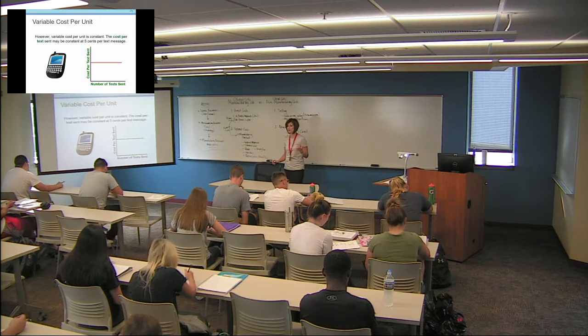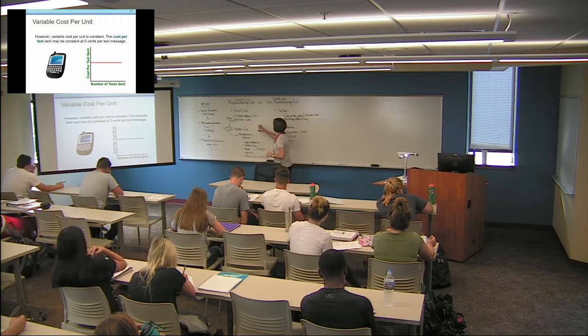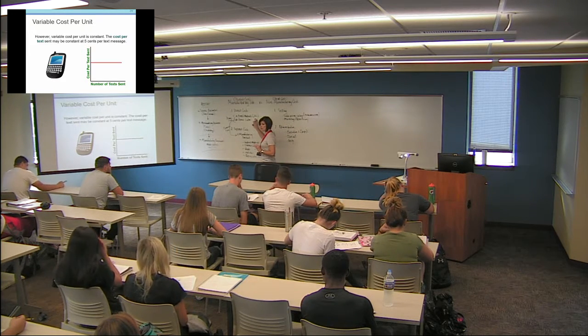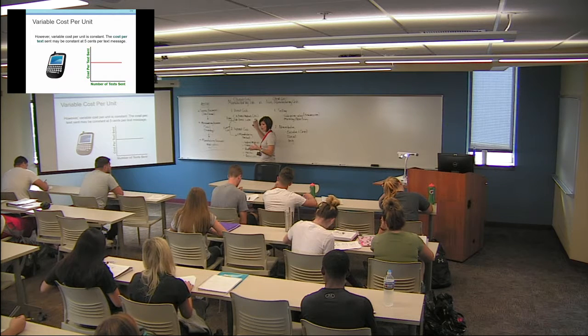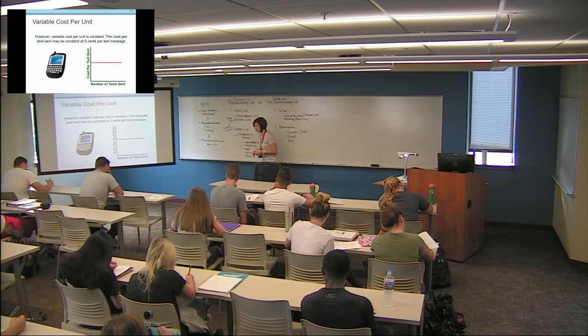What is changing in total is your total cost associated with that. So be careful because we have variable cost per unit and variable cost in total. Variable cost per unit will stay the same, but the variable cost in total will change in direct proportion to changes in levels of activity.